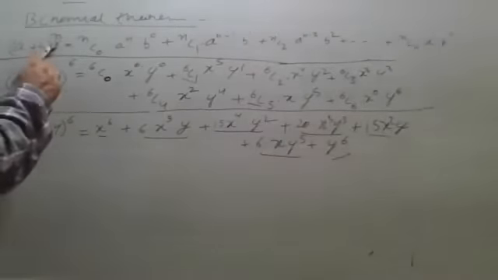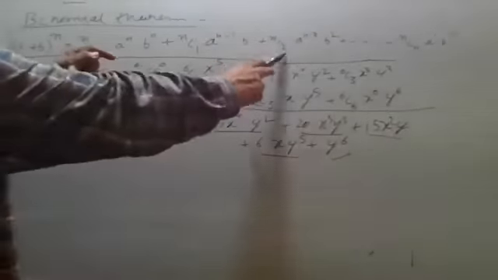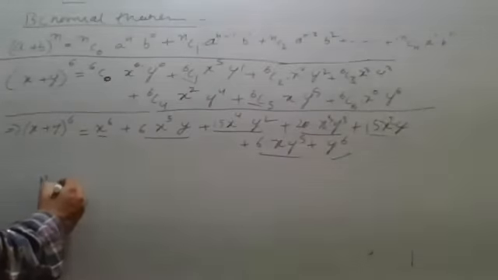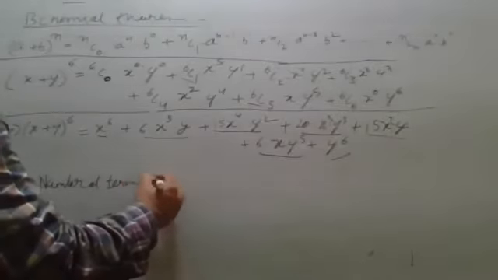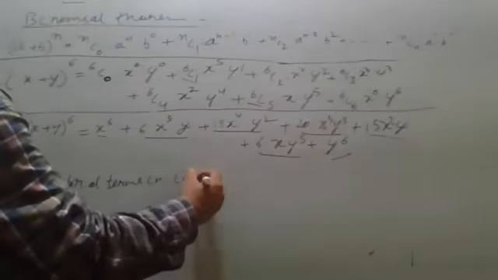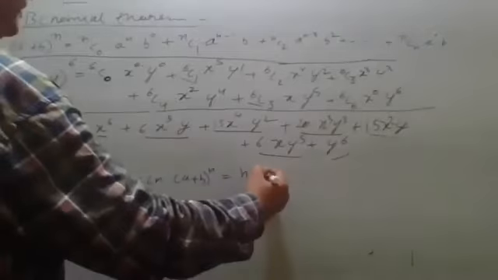Similarly, in this also, if you expand it, nC0 is the first, nC1 is second, nC2 is third. So nCn will be n plus 1th term. Is that clear to you? So number of terms, remember, number of terms in expansion of a plus b whole to the power n is always n plus 1.